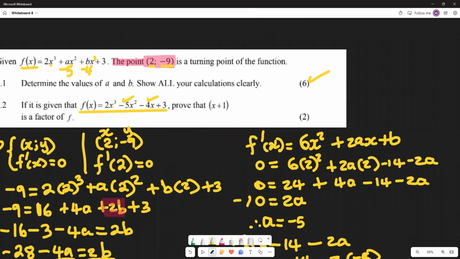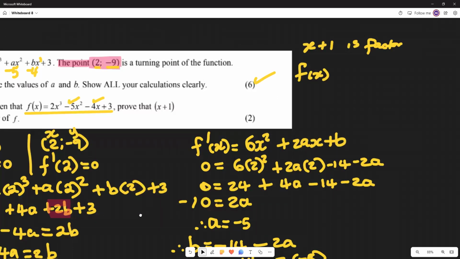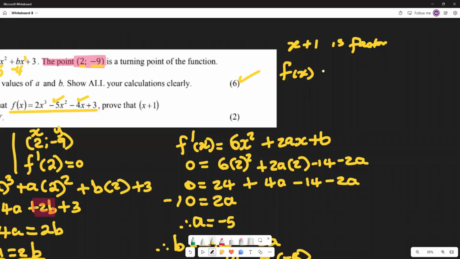So they say if it is given that f of x is this, we need to prove that x plus 1 is a factor. What is f of x? f of x is 2x cubed minus 5x squared minus 4x plus 3.